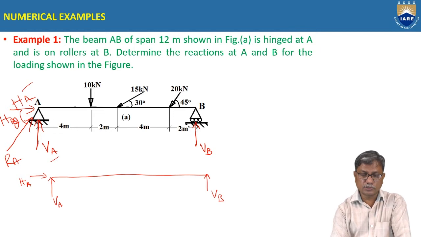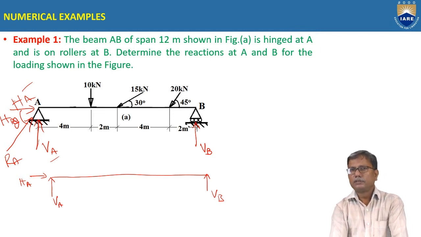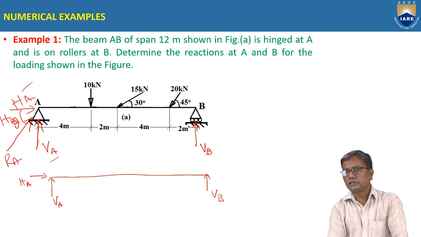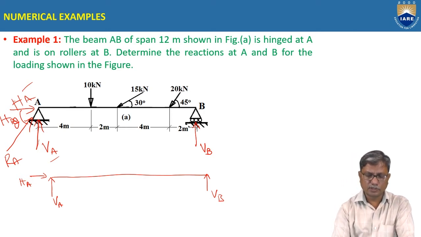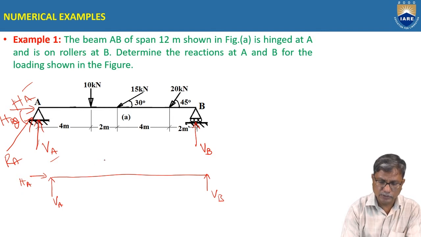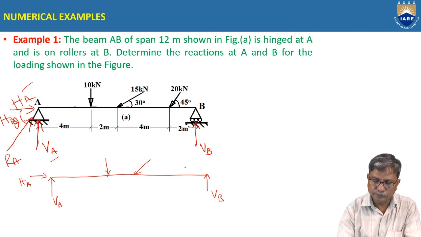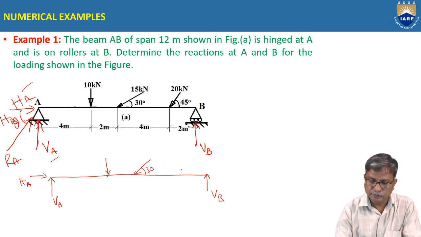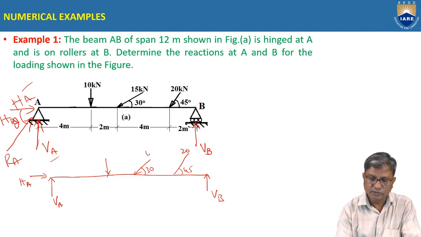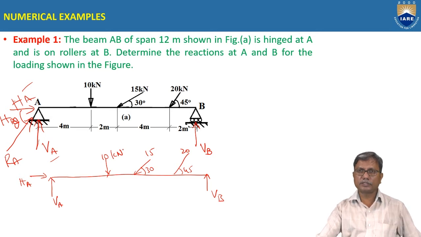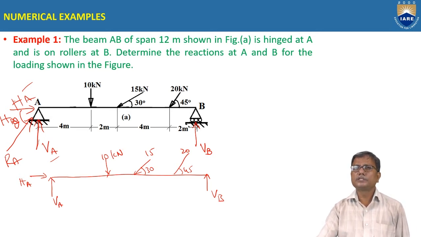We remove all the supports, and we represent the reactions offered by the supports. Now the loading as it is, we will show the given loading. One is inclined at 30, the other one is inclined at 45, 20, 15 and 10 in kilonewtons. Units are very important. The load is given in kilonewtons and the span is given in meters.